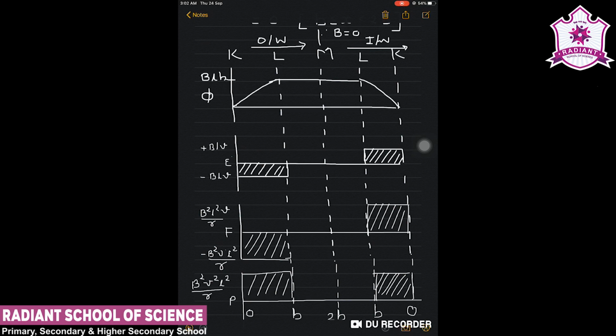It will be 0 for b to 2b as there is no magnetic field. Again it will be 0 for 2b to b, and again the value will be maximum from b to 0 as the magnetic field comes into the picture. So this is the graphical explanation of the given question, and we have shown different quantities like flux, EMF, force and power for the asked question.